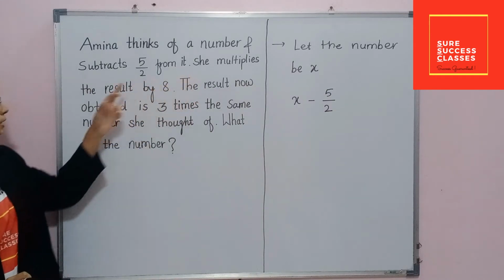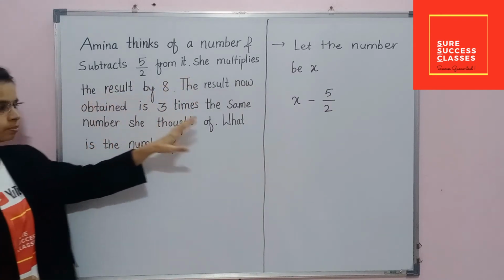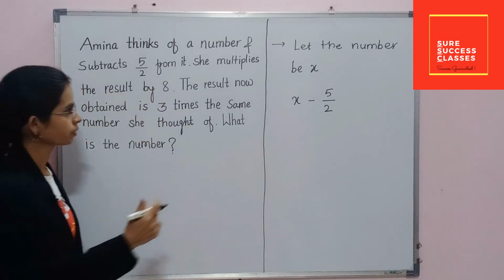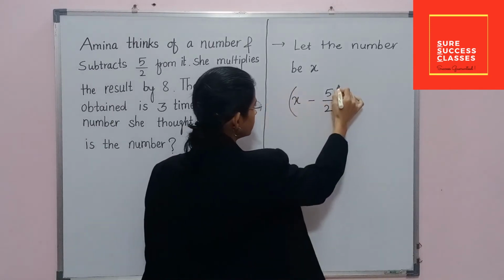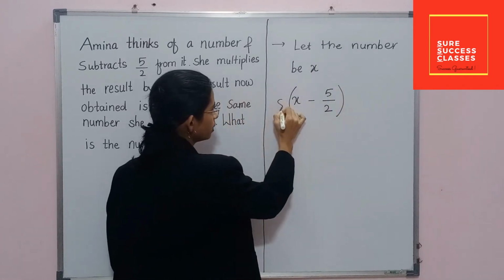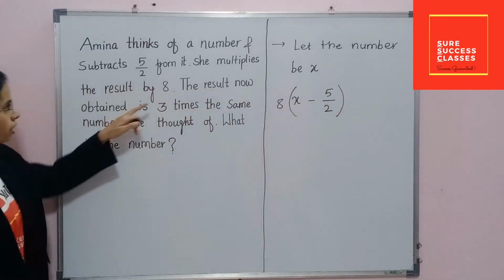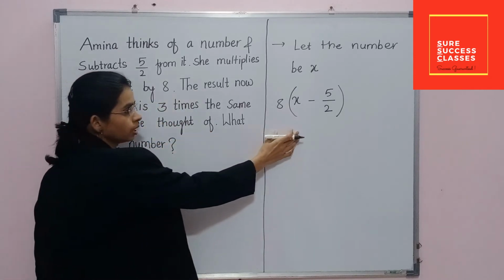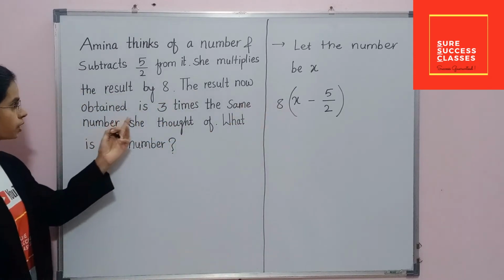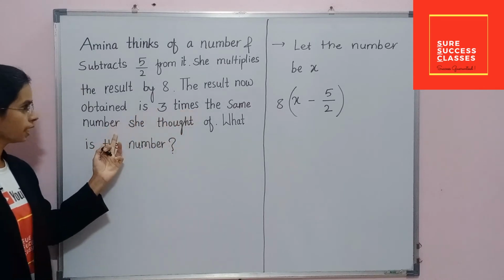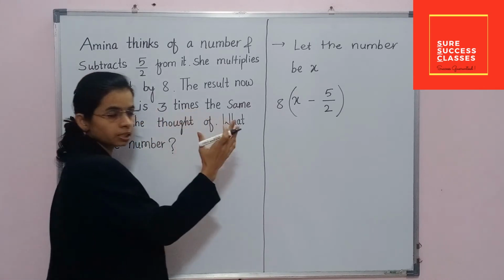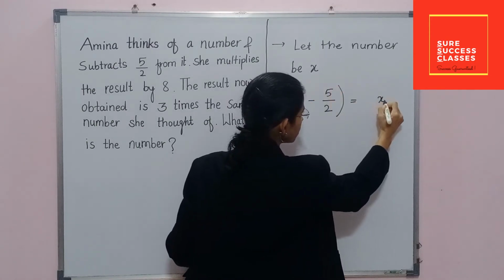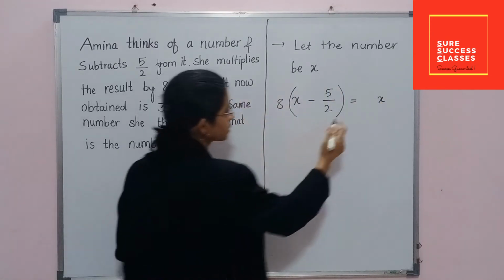She multiplies the result, this is our result, by 8. When she multiplied this result by 8, the result now obtained, this is our latest result, is 3 times the same number.